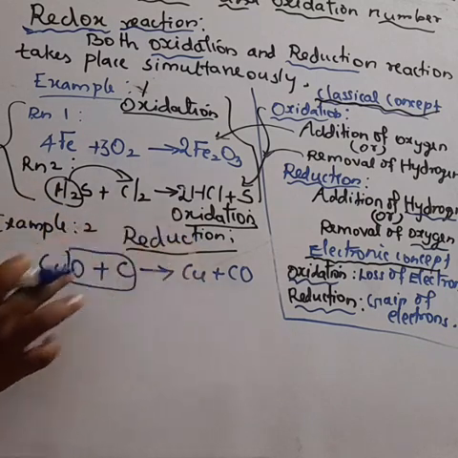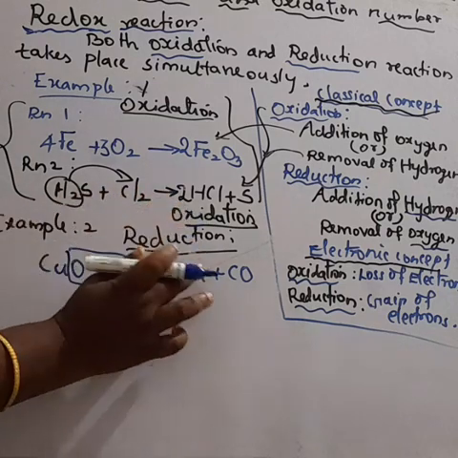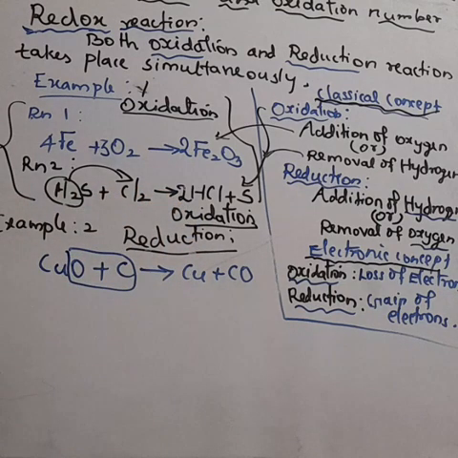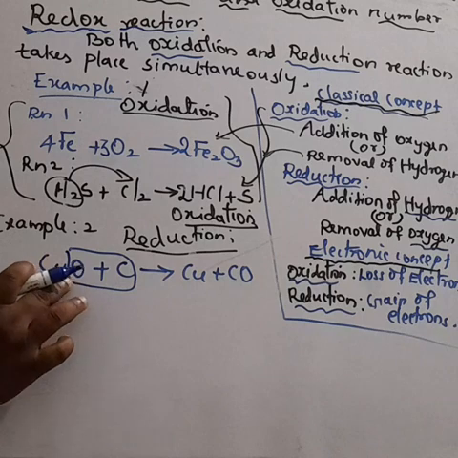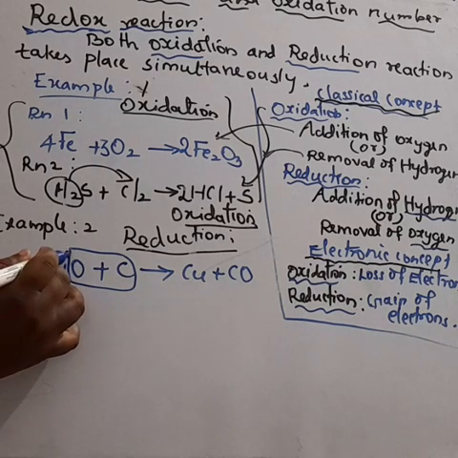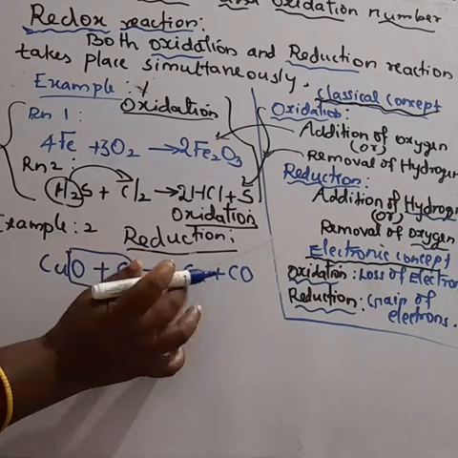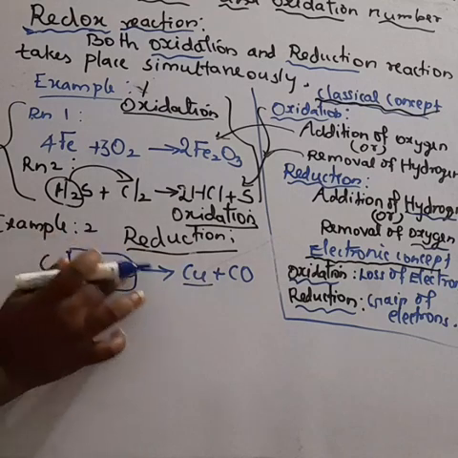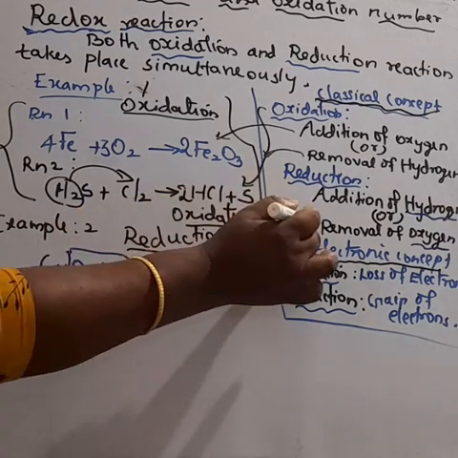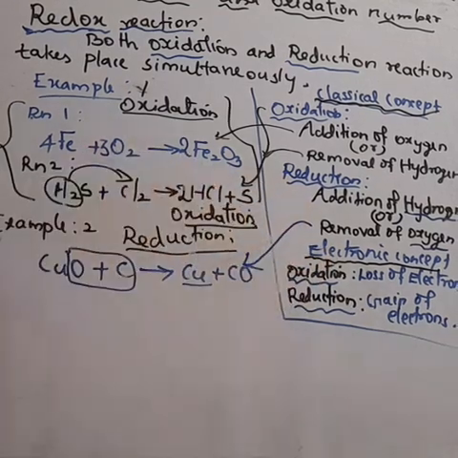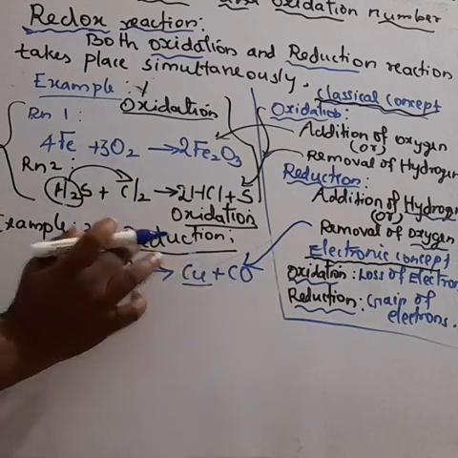A reduction. Okay, why is it a reduction? Because the cupric oxide is converted to copper by removing the oxygen. So removal of oxygen means a reduction.